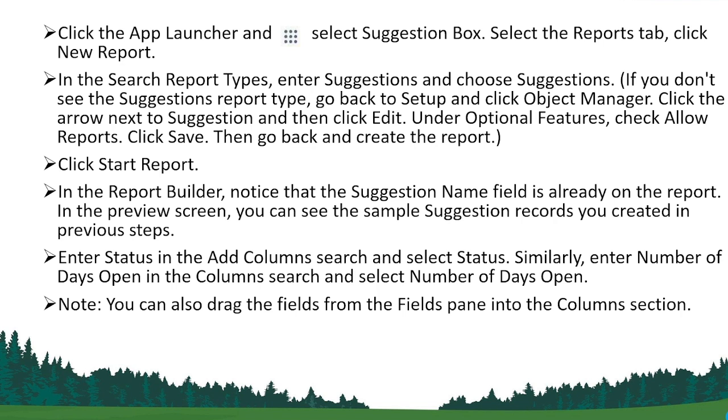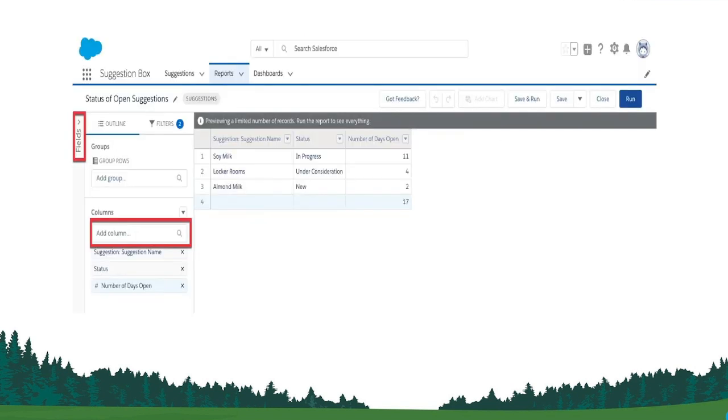You can also use the drag and drop feature to add the fields from the field pane into the column section. Here you can see that the left side is representing the fields. When you click on the fields, you will get a number of fields available.